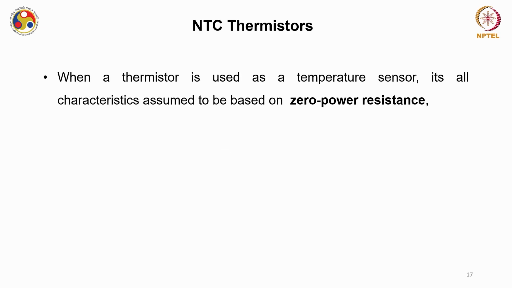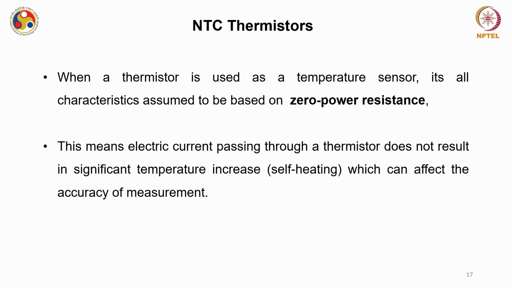Alright. So all these equations have been derived thinking that these thermistors are zero power resistance, meaning it is not consuming any power and there is no self-heating particularly for these thermistors. So when a thermistor is used as a temperature sensor in a circuit, all its characteristics are assumed to be based on zero power resistance.